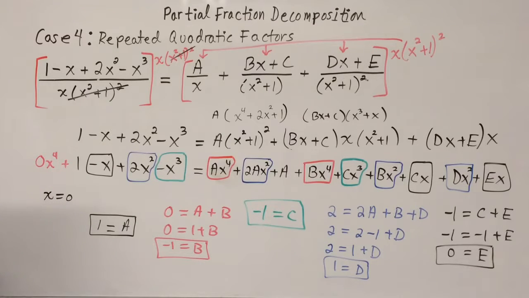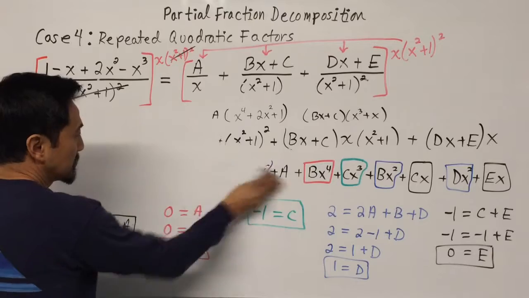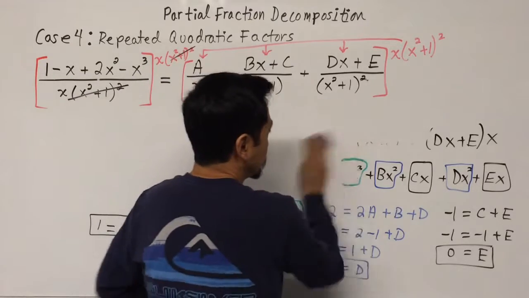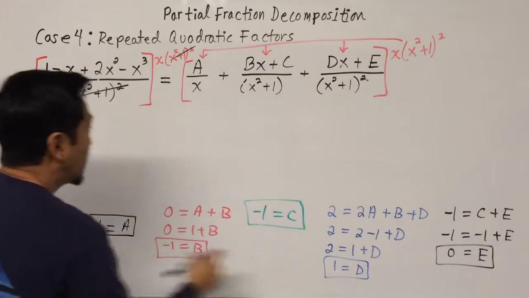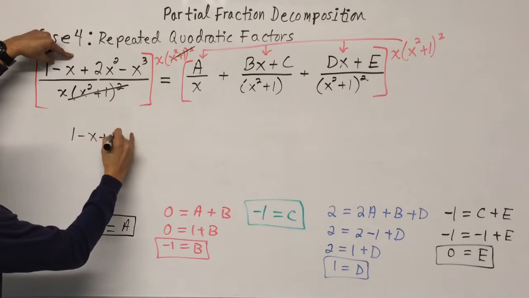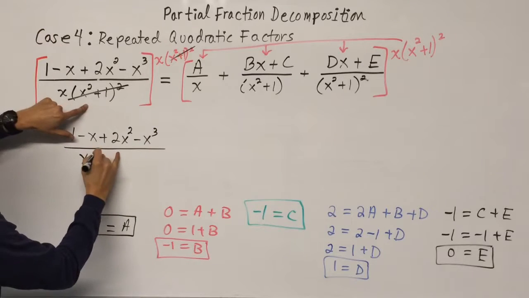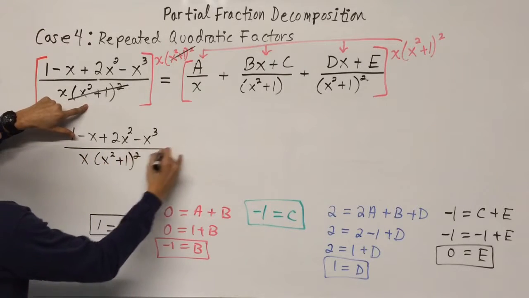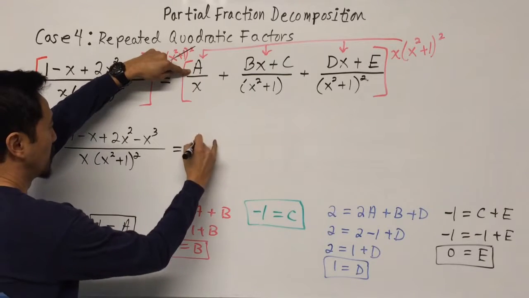Okay, so let me have to erase here. In conclusion now, our original fraction here, which was this 1 minus x plus 2x squared minus x cubed, all divided by x times x squared plus 1 squared. Now decomposes into a over x, but we know that a is 1, so it's 1 over x.